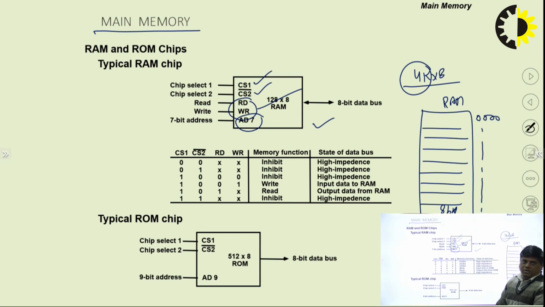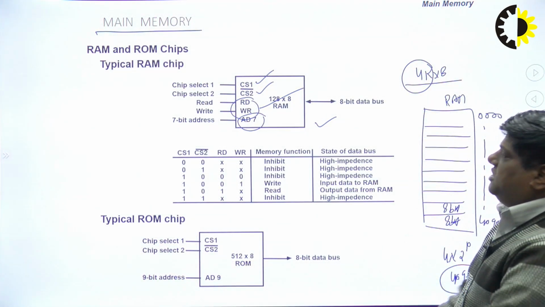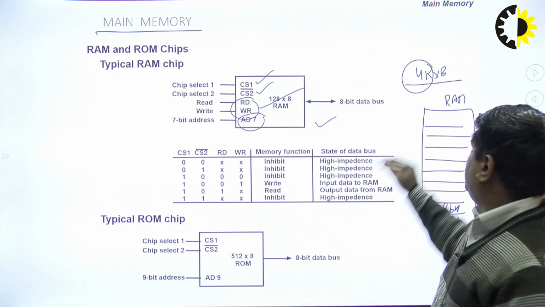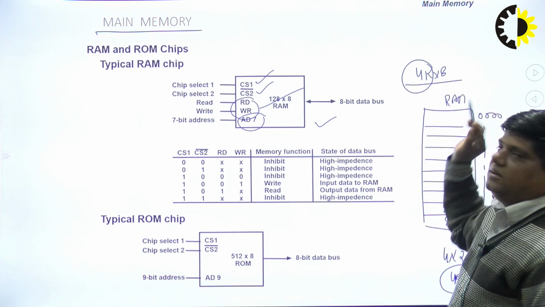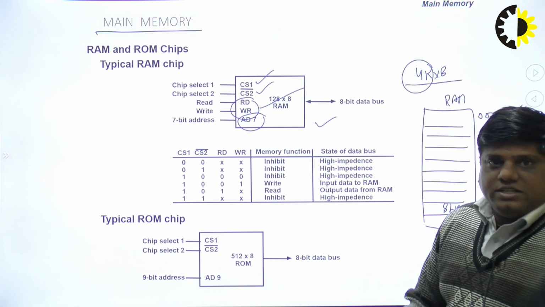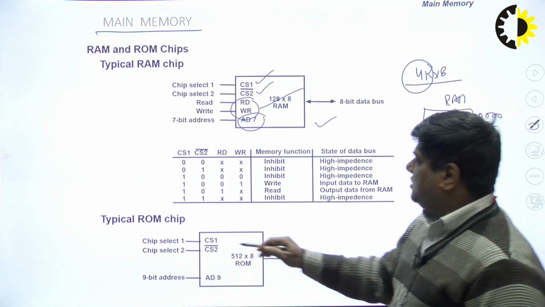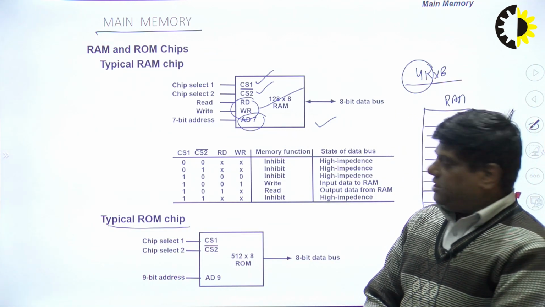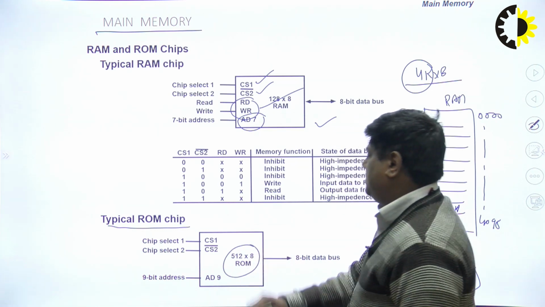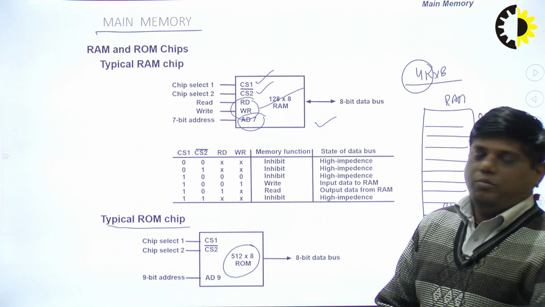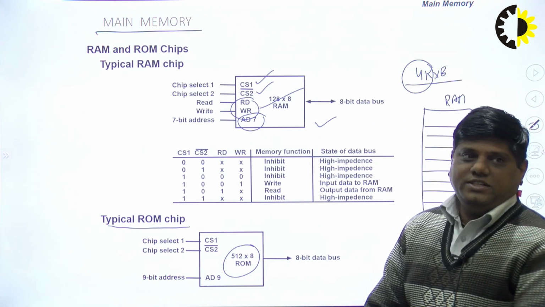Now this is the brief introduction about the RAM. RAM is simply classified as a two-dimensional array. The first dimension is the size of the memory, and the second dimension is the size of the data. Similarly, a typical ROM chip is also a two-dimensional array. The first is the size of the ROM, and the second is the size of the data.